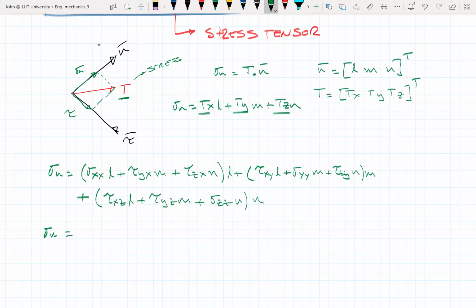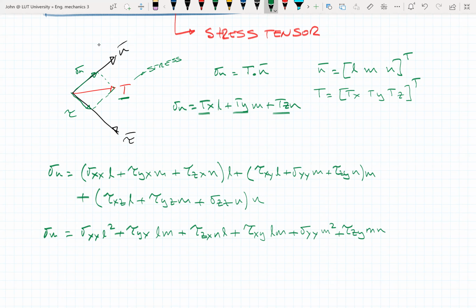Sigma n is going to be equal to sigma x L squared plus tau yx m L, write it in order, plus tau zx n L plus tau xy L m plus sigma y m squared plus tau zy m n.